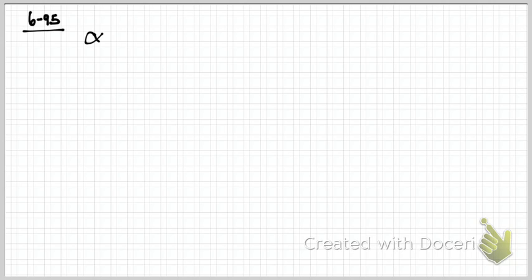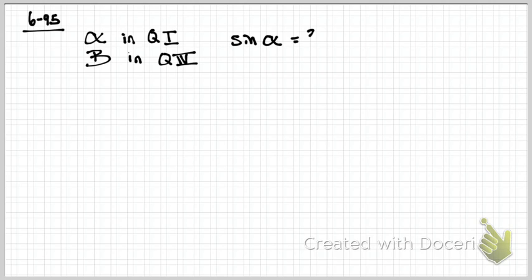Suppose alpha is in quadrant 1, and beta is in quadrant 4, such that sine of alpha is equal to 2 over 3, and cosine of beta equals 1 over 4.